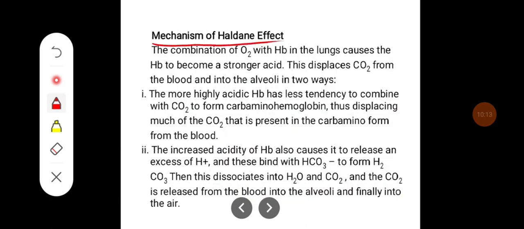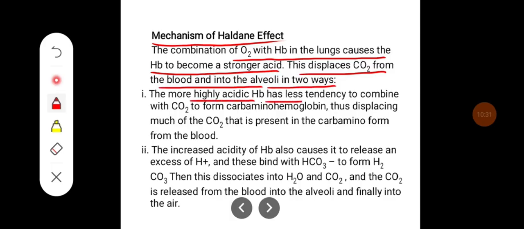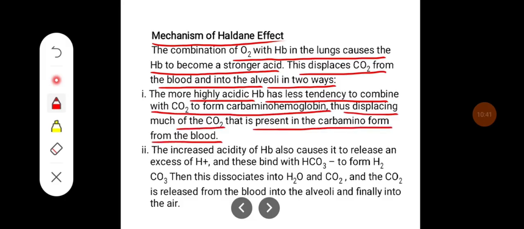Mechanism of Haldane's effect. The combination of oxygen with hemoglobin in the lungs causes the hemoglobin to be a stronger acid, and this displaces the carbon dioxide from the blood and into the alveoli in two ways. One is that the more highly acidic hemoglobin has less tendency to combine with carbon dioxide to form carbaminohemoglobin, thus displacing much of the carbon dioxide that is present in the carbamino form in the blood.